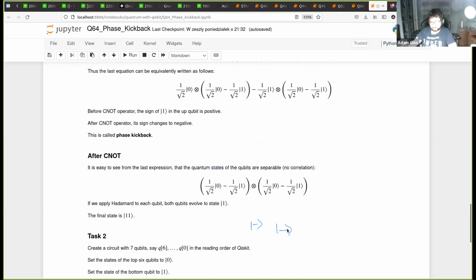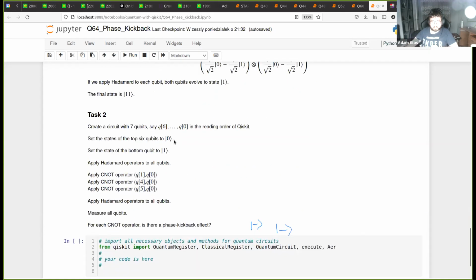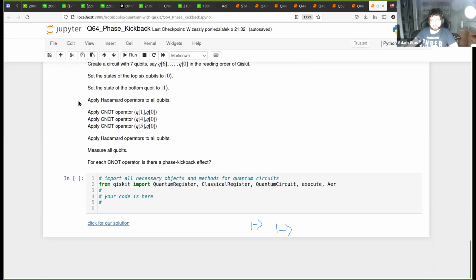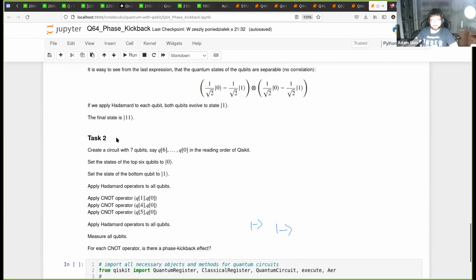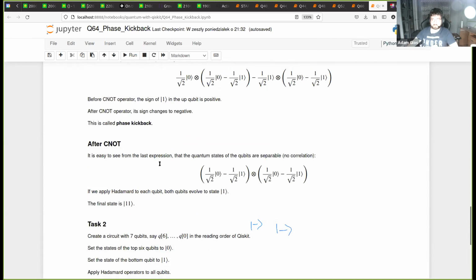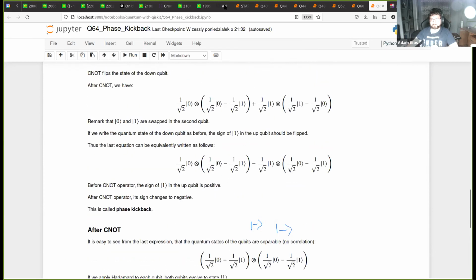This state is minus minus, which after applying Hadamards will give you 1, 1. So both Qiskit and maths agree, and this is in fact how a quantum computer can work. Finally, there's just a simple task to convince you about this phase kickback phenomenon. This is the name of the phenomenon we just saw here. And this is all I wanted to say for today.